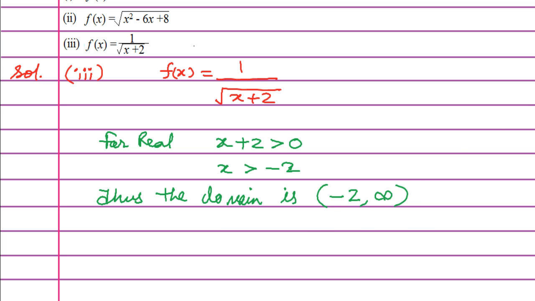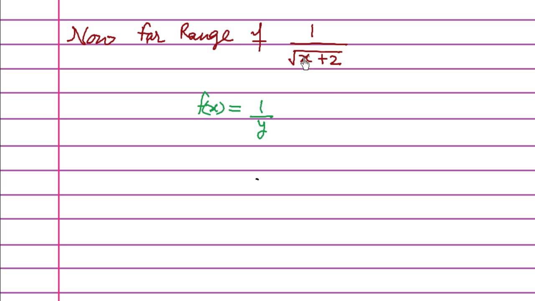Now for the range of 1 over square root of x plus 2, we put f of x is equal to 1 over y. We are taking root x plus 2 is equal to y.